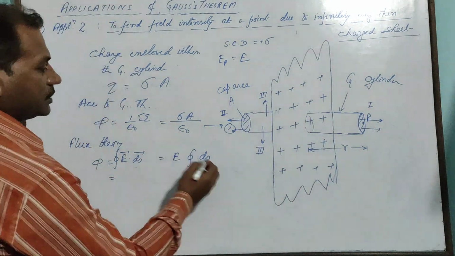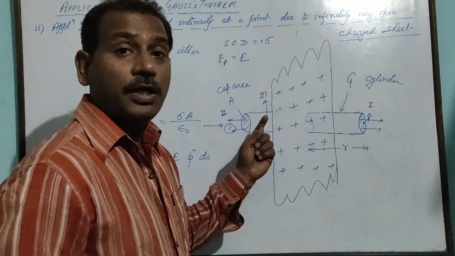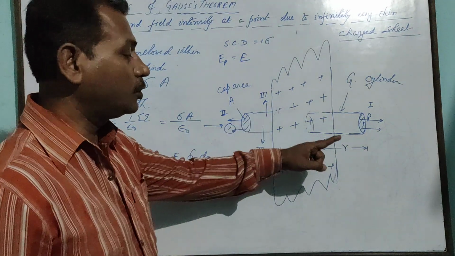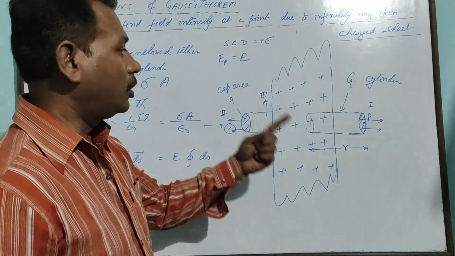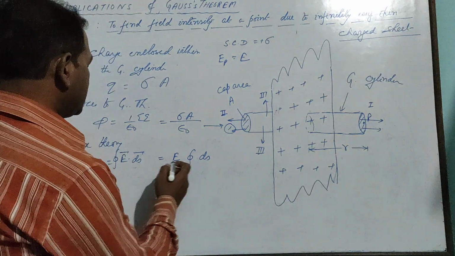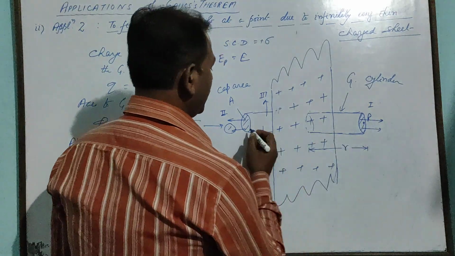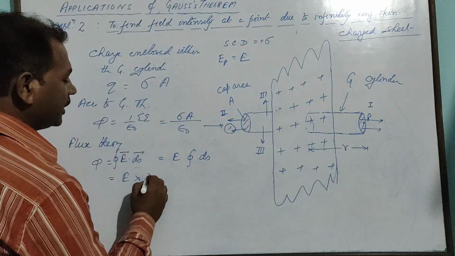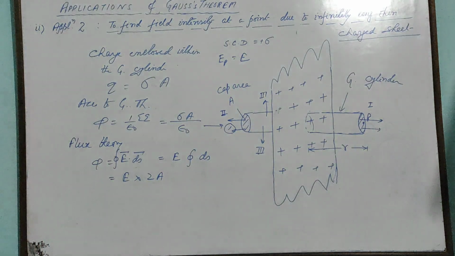Which surface will you take? The area of the first zone, area of the second zone, or area of the third zone. Or you can understand that this field will pass through only this cap area and this cap area. That means it is directly 2A because the cap area is A. Both the methods have the same output.